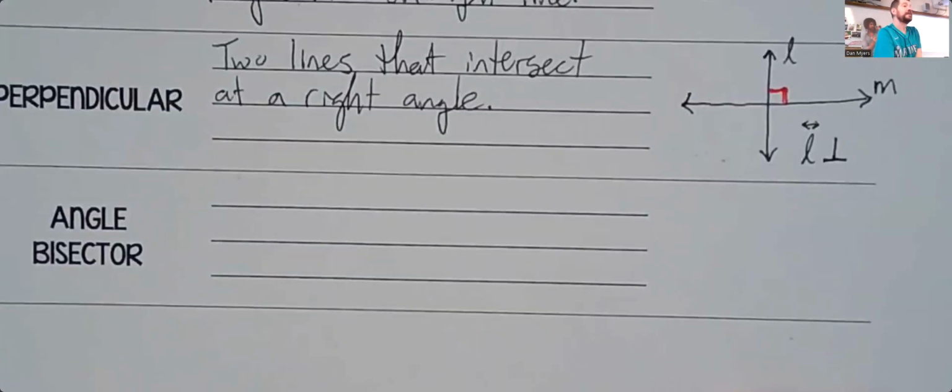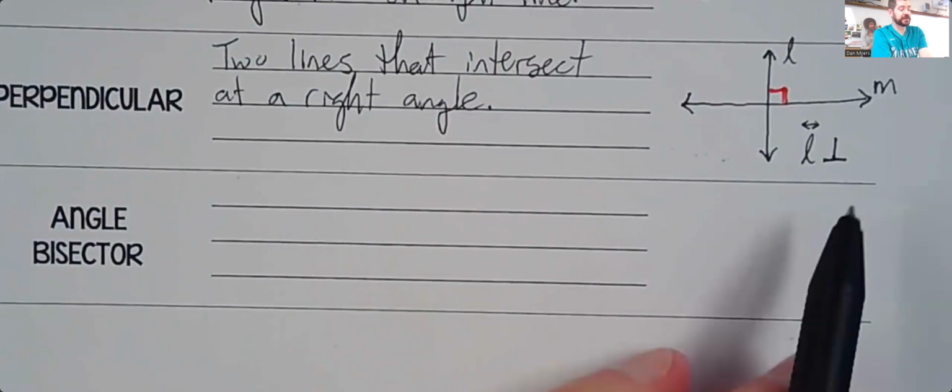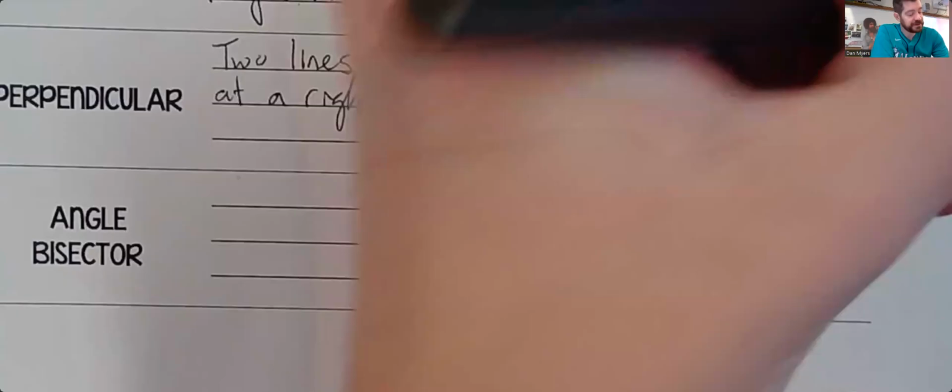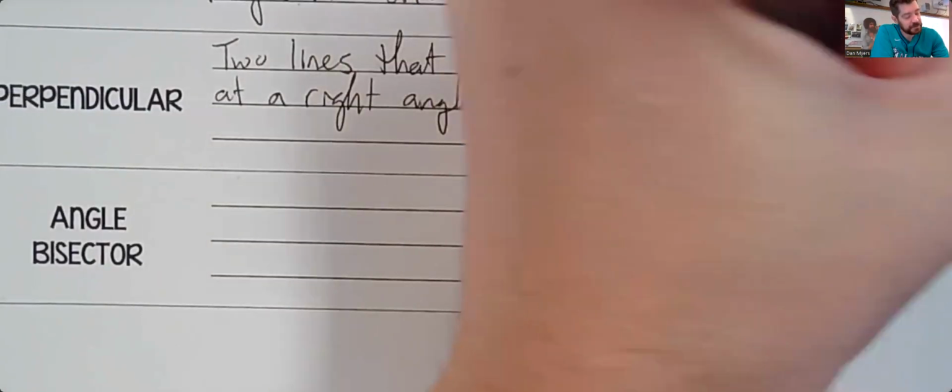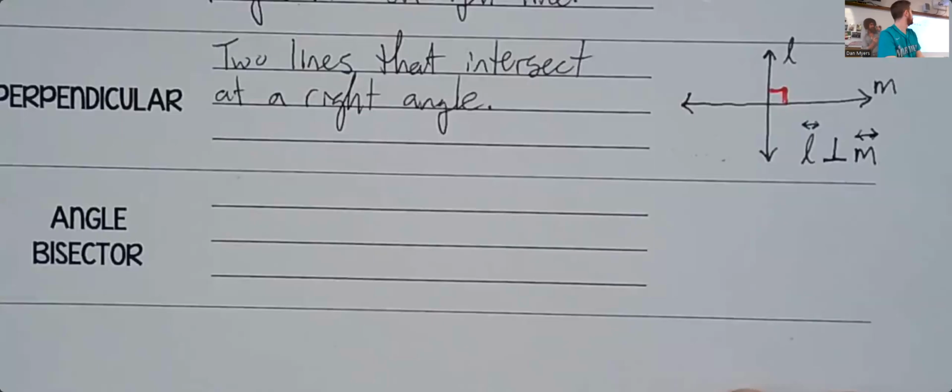So there's line L, this means "is perpendicular to," and then you'd say line M. So line L is perpendicular to line M. And if they're perpendicular, that means they form a right angle, which means they intersect at a 90-degree angle. So there's a lot that we can actually take out of that.